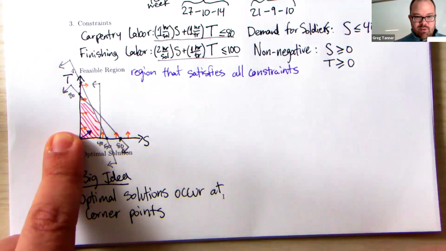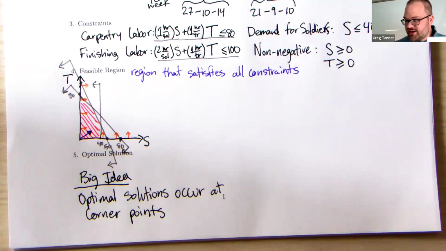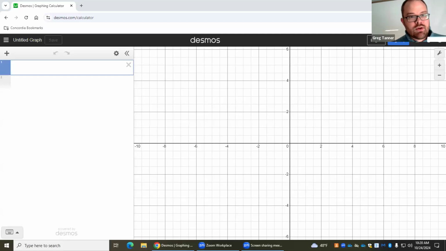I'll be honest, I'll do some graphs by hand in this class, but it's not my strongest suit. And so feel free to use technology to augment your graphing abilities. My favorite graphing utility is Desmos. And so I'm going to go ahead and switch over to Desmos.